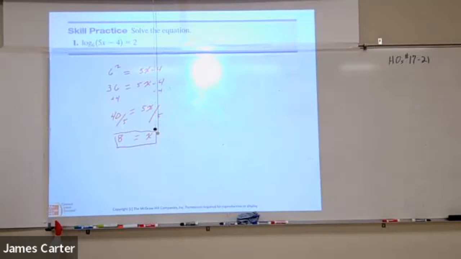Divide both sides by 5, and you get x equals 8. Five times 8 is 40, minus 4 is 36. 6 squared is 36. So it checks.